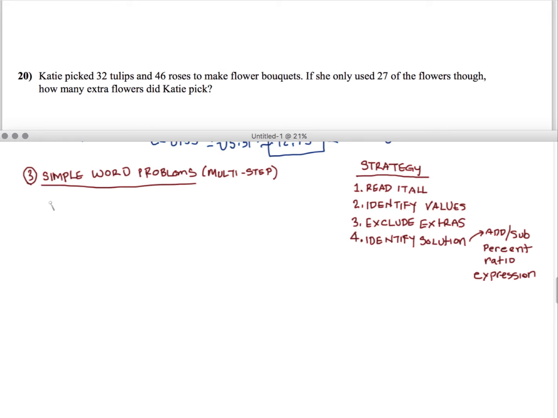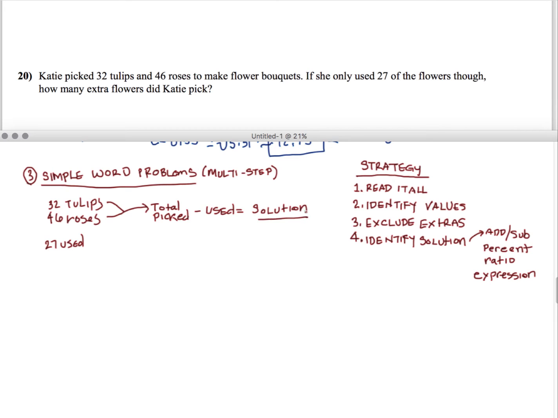So let's go ahead. In this case, we have 32 tulips and 46 roses, and we have 27 used. Now let's set it up. So what are they asking for? Well, we're asking for extra flowers. So these two together would be the total that they picked, and the total minus the number used should give us how many extra flowers, right?